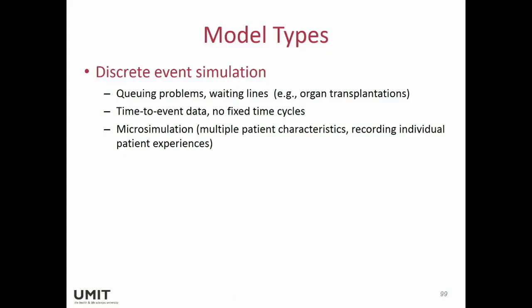There are other kinds of individual-level simulations or microsimulation models, such as discrete event simulation. Discrete event simulation, here we can consider queuing problems and waiting lines, because we now can incorporate physical resources explicitly. We can incorporate time to event data directly, since the model is evaluated at each point in time when an event occurs, which is why it is called discrete event simulation.